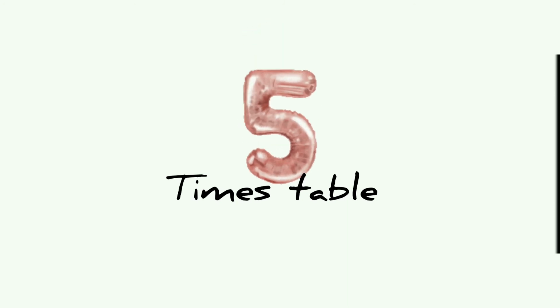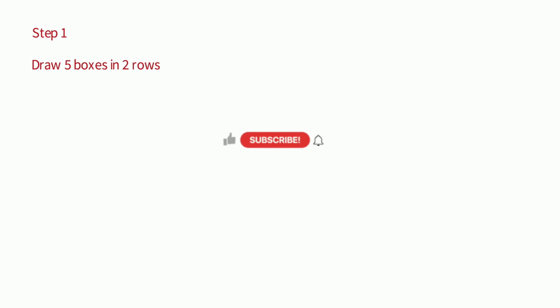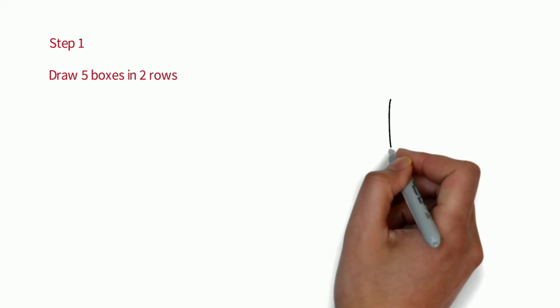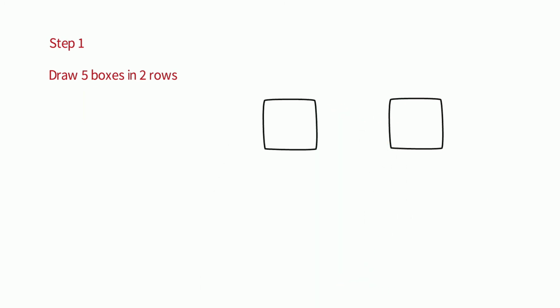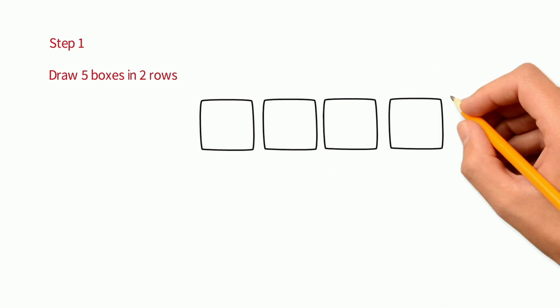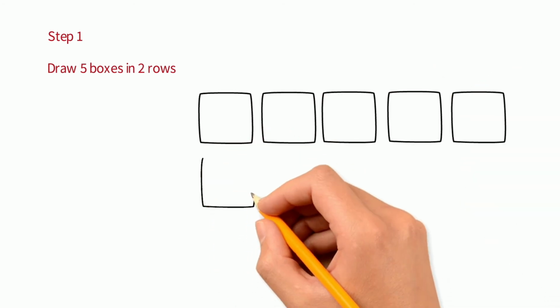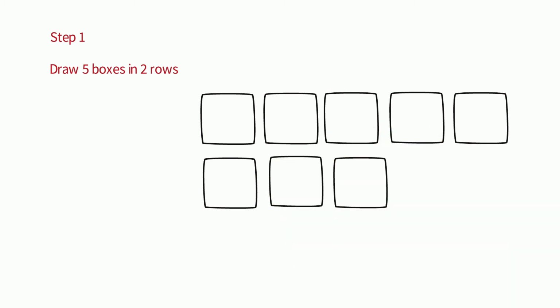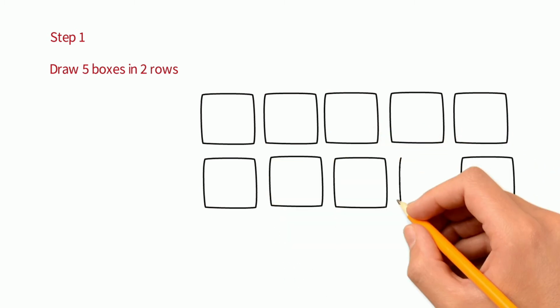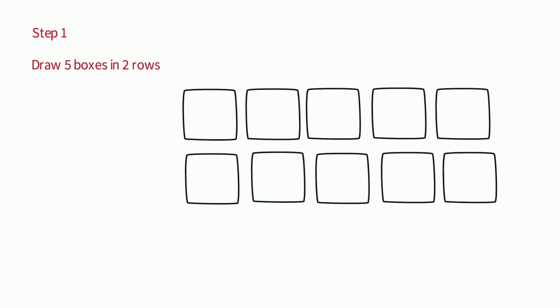5 times table. Step number 1. Draw 5 boxes in 2 rows. Now step number 2.